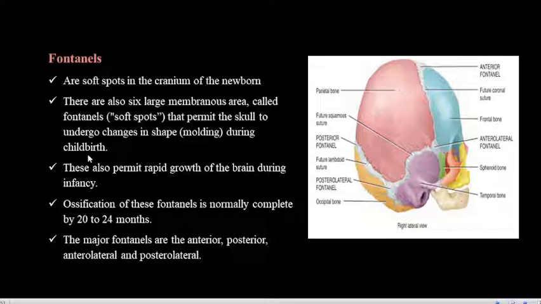Since the brain is also rapidly growing, dapat yung skull mag-provide din ng change in size para makasabay siya doon sa paglaki ng brain. So, constantly after childbirth, nag-change ang size and shape ng skull in order to anchor properly the brain of the newborn.